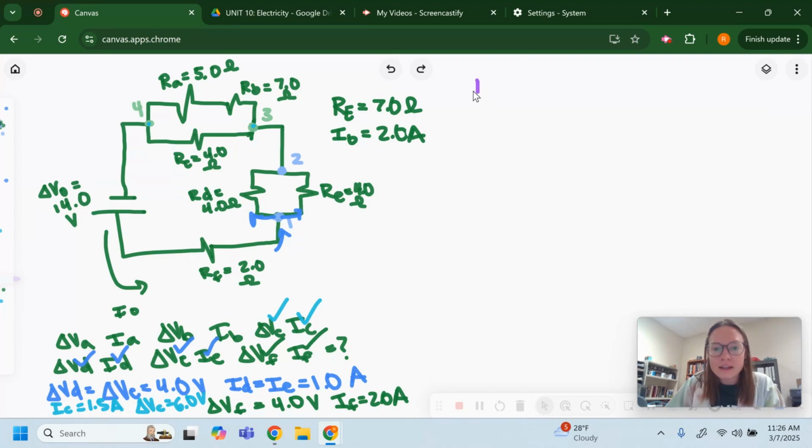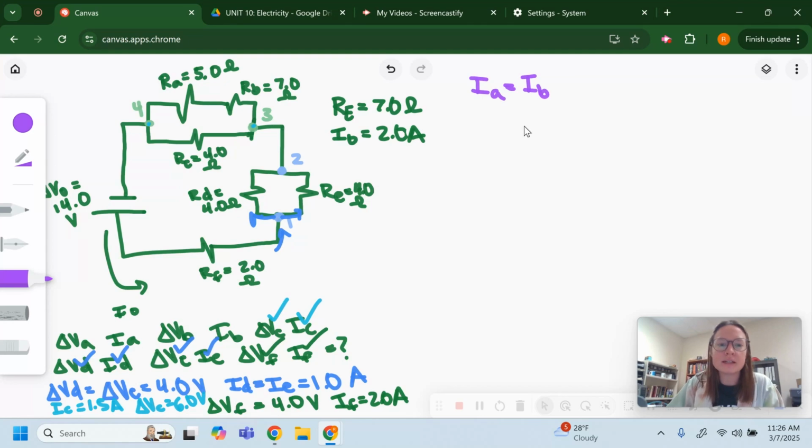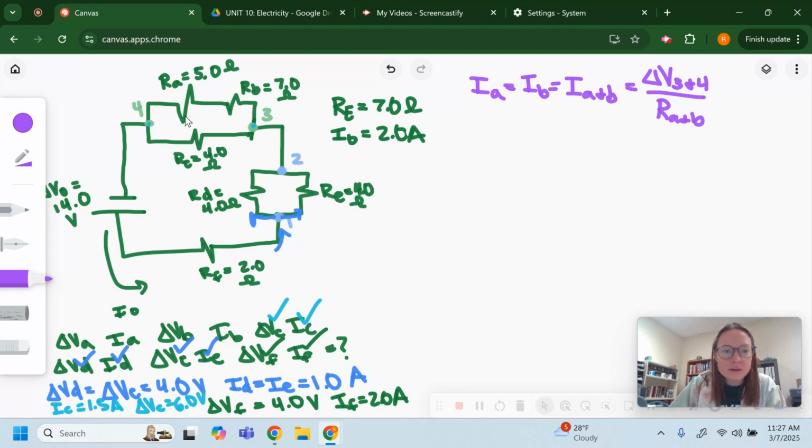I know that the current through A is going to equal the current through B since they're in series with each other, which is going to equal the total current for this whole little branch going through both A and B. If I wanted to find the current through the whole branch, I could take the potential difference of the whole branch, which is the potential difference between 3 and 4, and the resistance of the whole branch, both A and B, and then solve that and find the current through both of them.